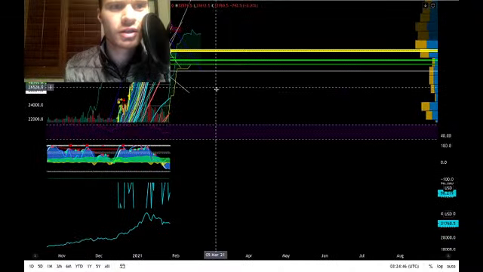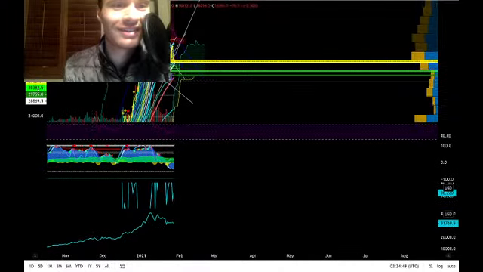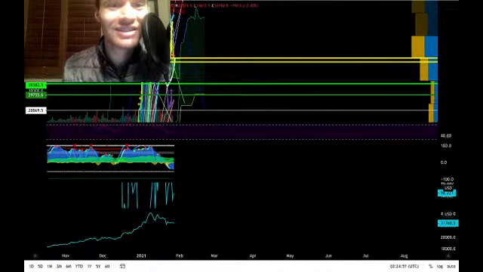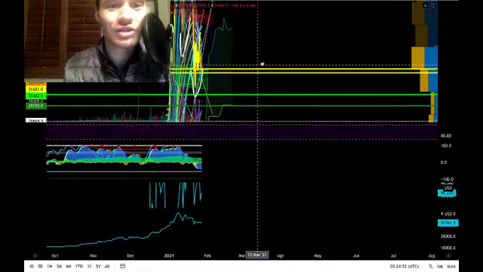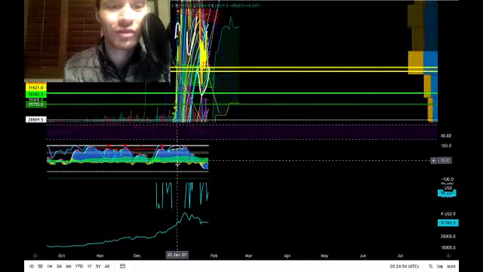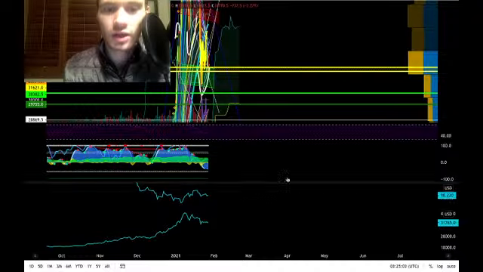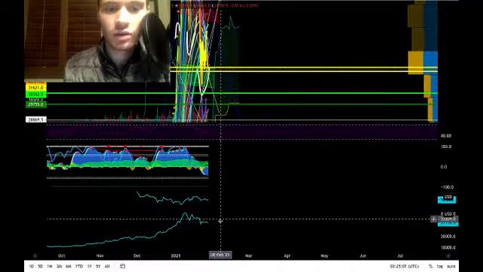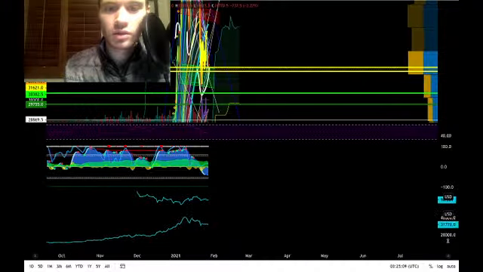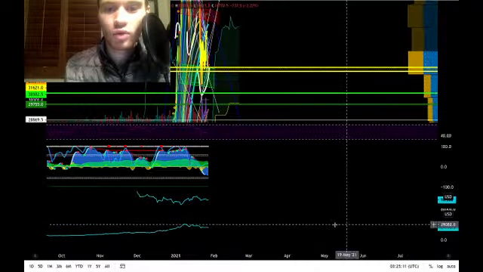Where's the price action? And this is all on the daily, so this is all extremely important, relevant information. DXY, we don't really need the DXY right now, so we're just going to shrink it out like this, move it down. And this is the price of Ethereum relative to Bitcoin.